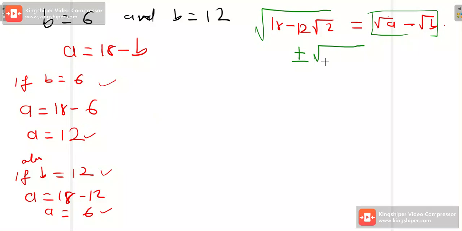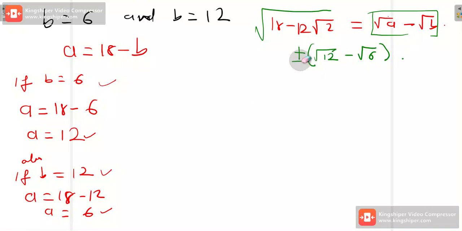So sorry, we will not bring the square root. The square root of this is going to be root of a minus root of b. So we are going to have the answer to be plus or minus, into bracket, root of 12, then minus root of 6. That's going to be the answer.